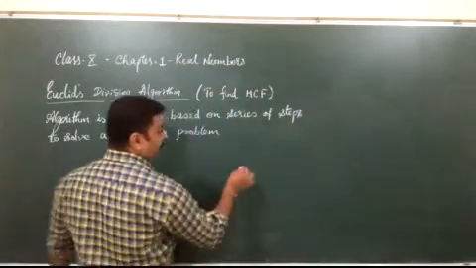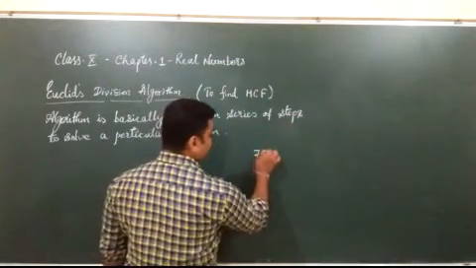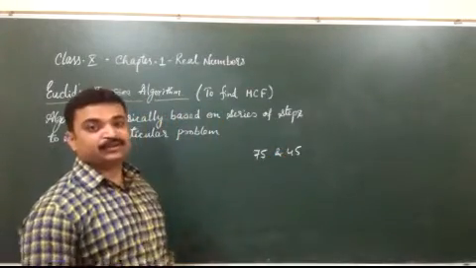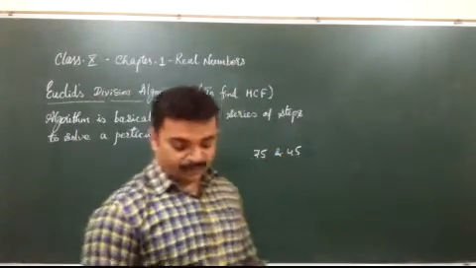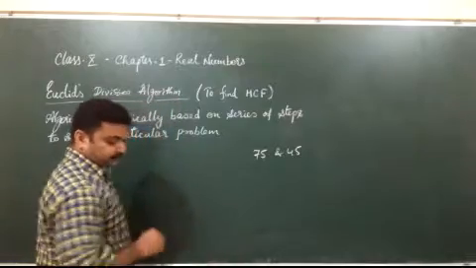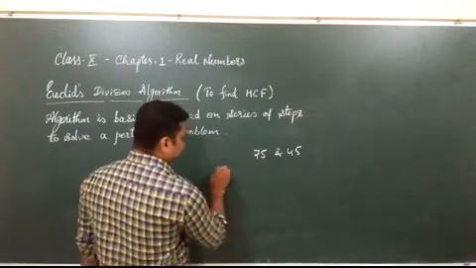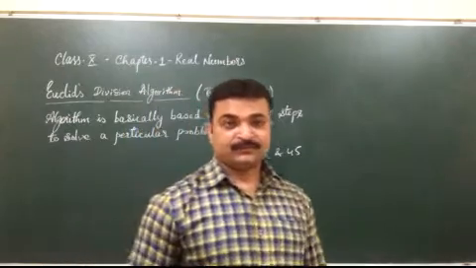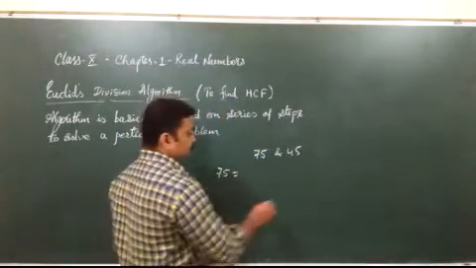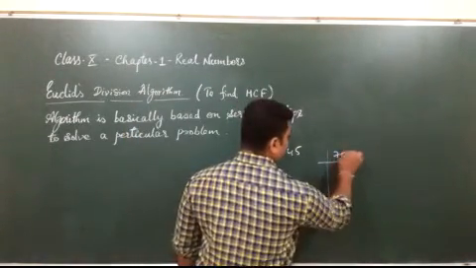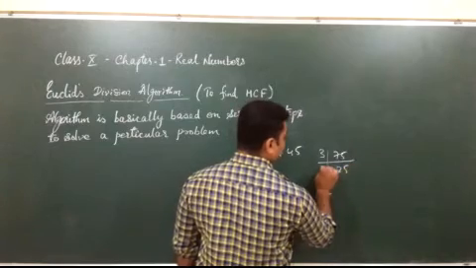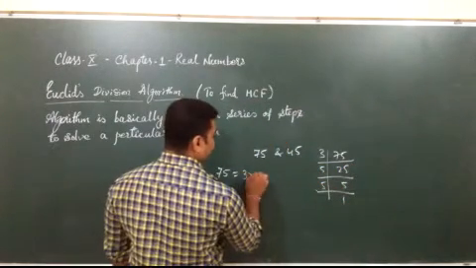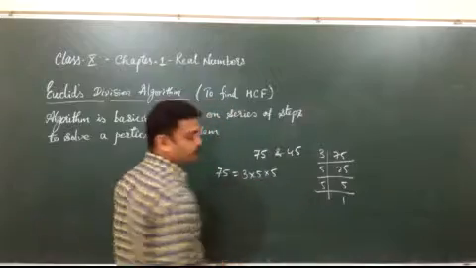Suppose you have to find the HCF of 75 and 45. So for 75, we have to find its prime factors. 75 is 3, 25, 5, 5, that is 3 into 5 into 5.